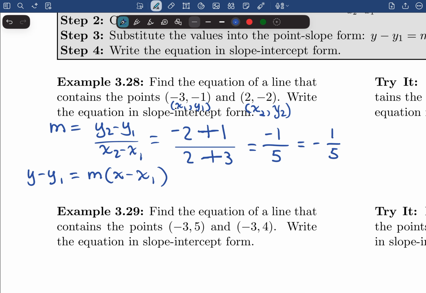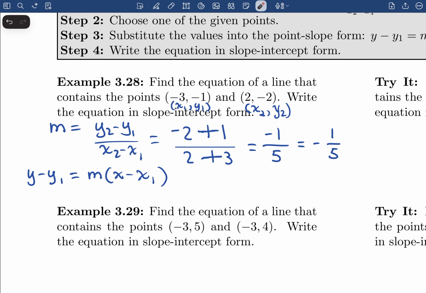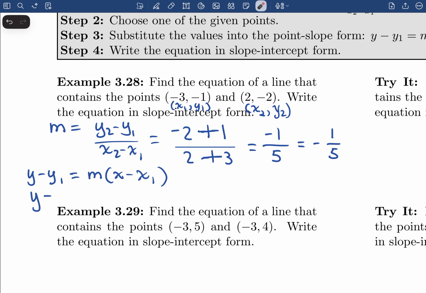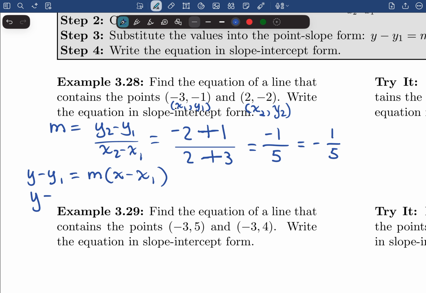We found that m is negative 1/5. That was all the work we did. And so we're going to plug that in, and also we'll plug in the point. Okay, so y1 is negative 1. Here it is. That's y1. So I'm subtracting negative 1. And that equals m, which is negative 1/5, times x minus x1, which is negative 3.